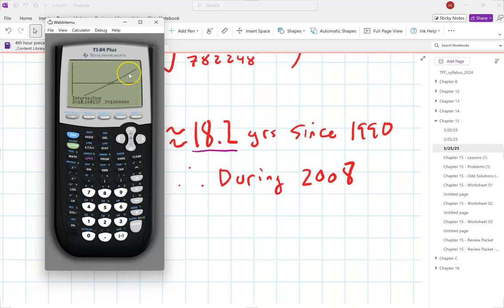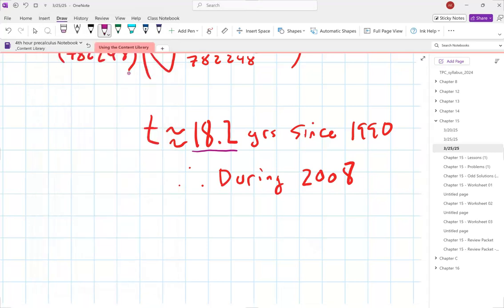We need to round up. So depending on the phrasing of the question, we may have to round differently, right? So notice even though it's 18.2, I still rounded up to 19 because of the way the question was phrased, right?